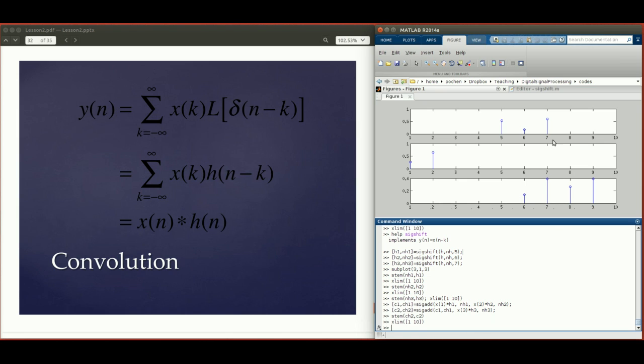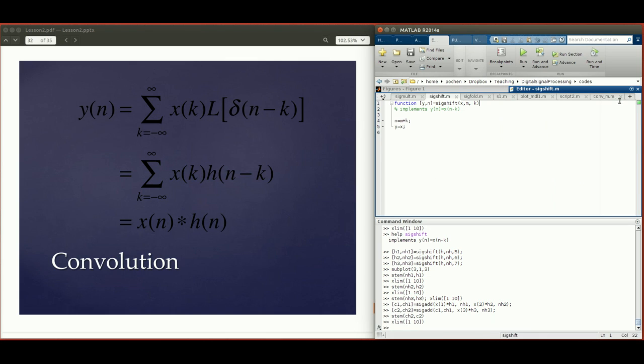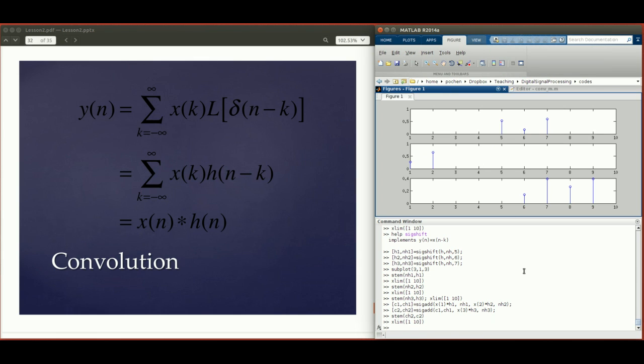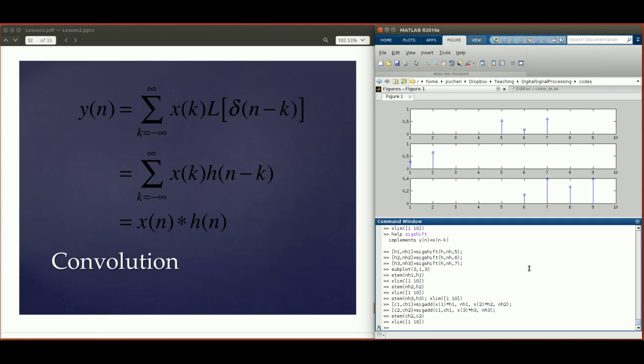And I was telling you that you can actually implement it using a function, and that function is called conv_m. I'm going to explain why I write this particular function instead of just calling the Matlab intrinsic function, which is called conv. But let's call this function first and try to validate our result.